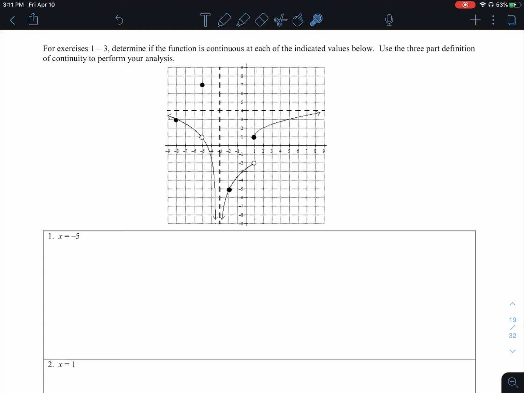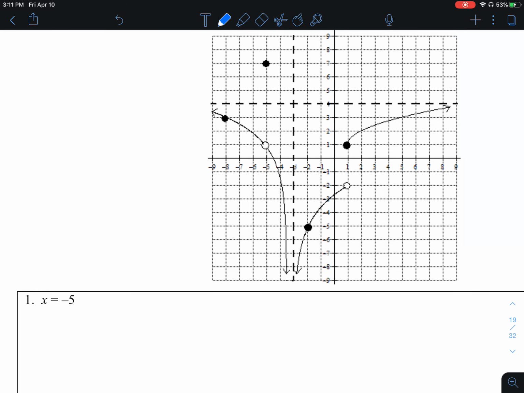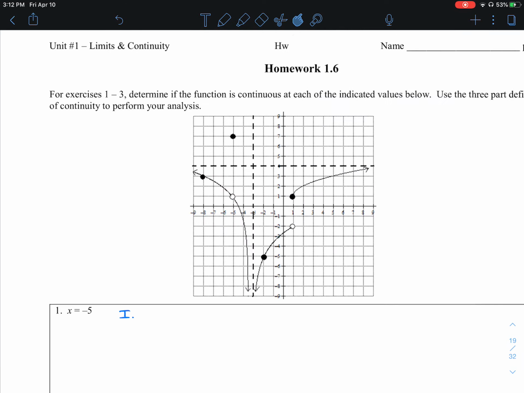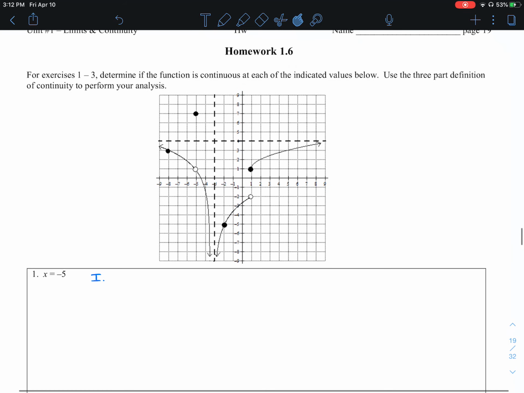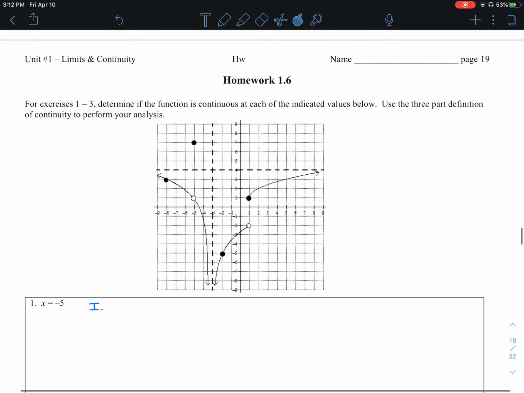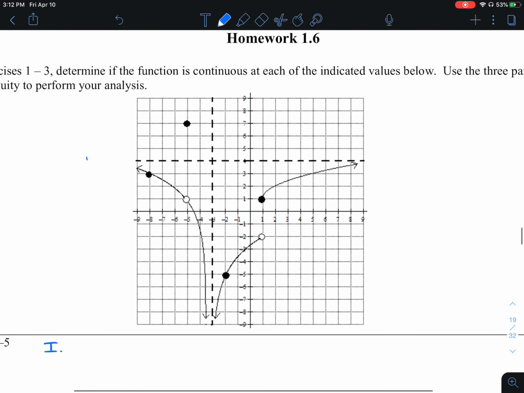Well, at -5, there is a corresponding y value. So part 1, this is a function. This function does not have a name. I'm going to name it function f.